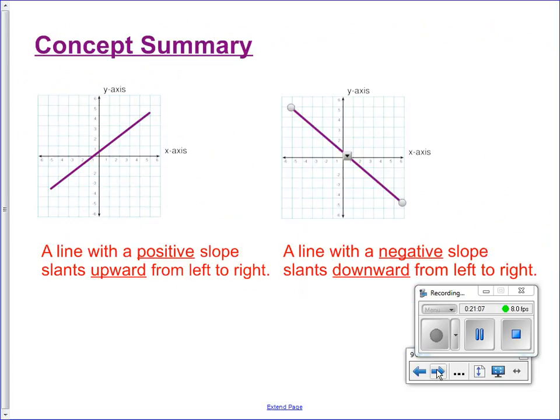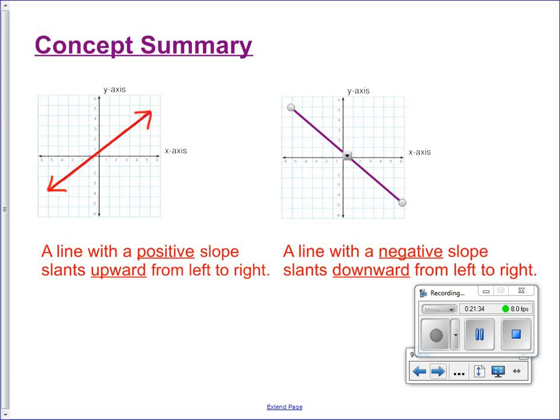All right, let's review the concepts that we've learned today. First of all, and I'm going to put my arrows on, a line with a positive slope is going to slant upward from left to right. So as I move along this line from left to right, I am going upward.